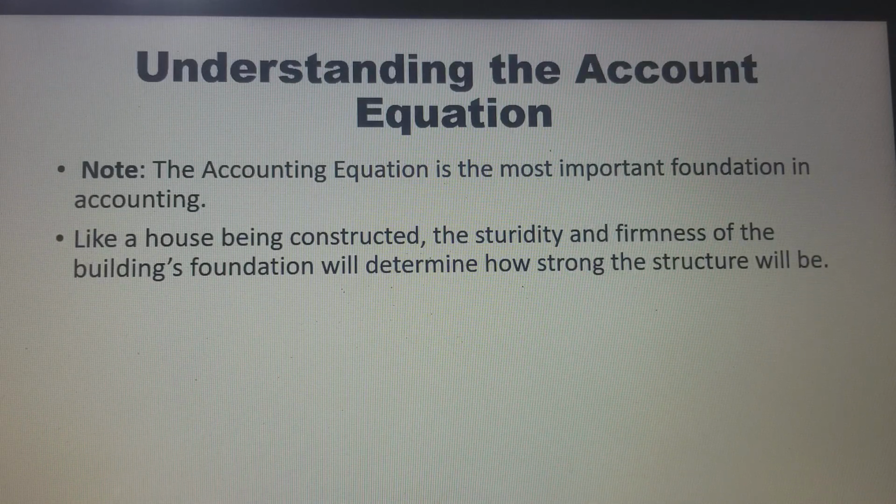Now, like a house being constructed, the sturdiness and the firmness of the building's foundation will determine how strong the structure will be. Isn't that so? Yes. If the foundation is solid, then the structure that you're going to put up has a greater propensity and ability to be strong as well.